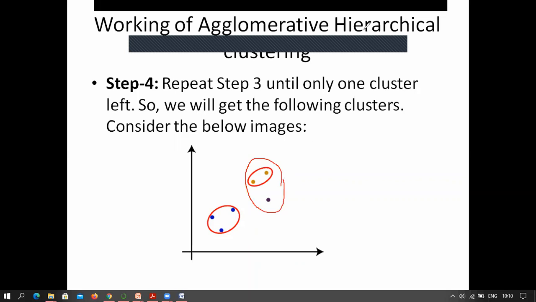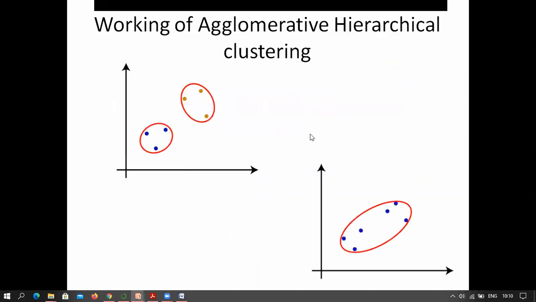After combining these 3, now you have 2 clusters. Now again find the shortest distance, but there are only 2 clusters. Actually we don't need to find the distance. When there are 2 clusters, we will combine them into 1. So this is your 1 cluster now.